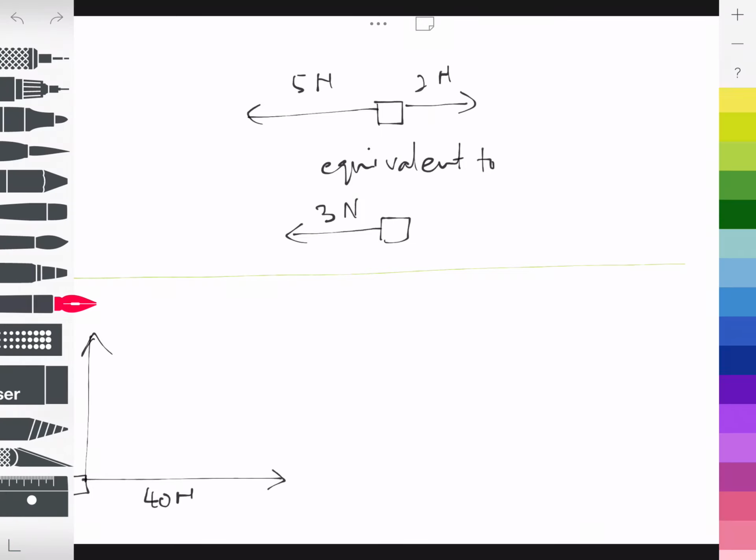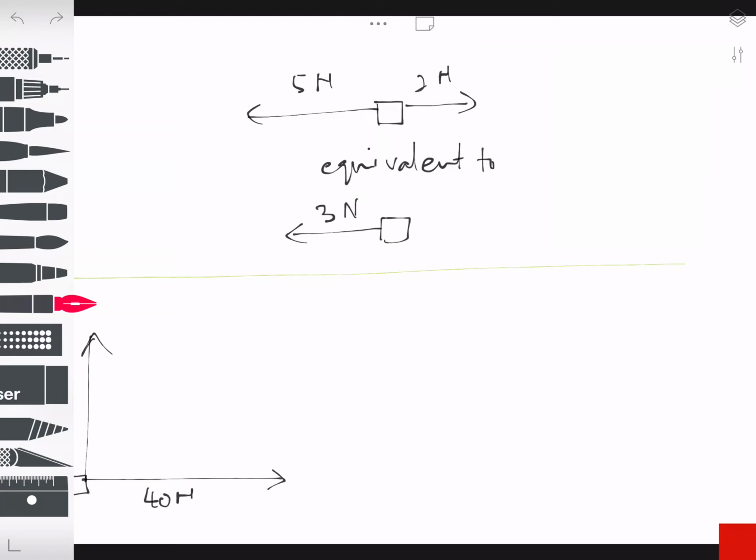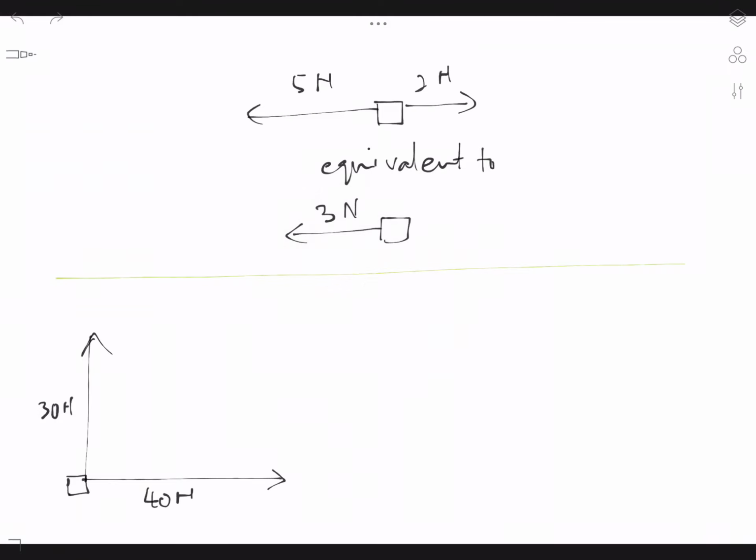Let me use another color of pen. Okay, this is 30 Newton. As we know, force is a vector quantity, so it has magnitude and direction. So you cannot change the direction and also the magnitude. So you can move this 30 Newton force to here because you want to create a triangle.